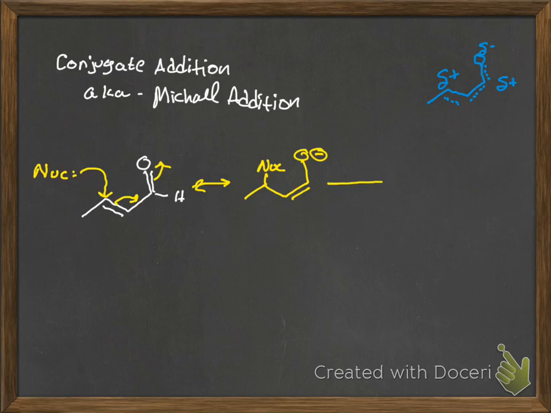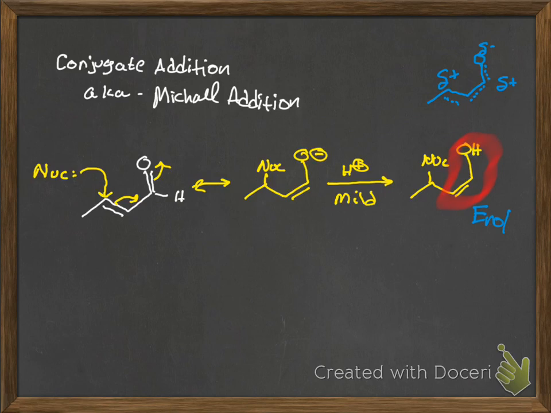So all we need to do at this point is add a little bit of acid. It even can be mild. And you'll get this. Which hopefully by now all of you will recognize that this is an enol.